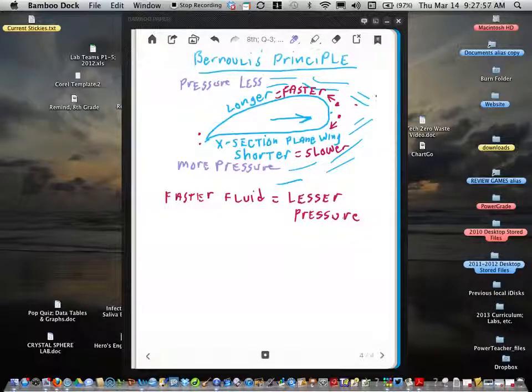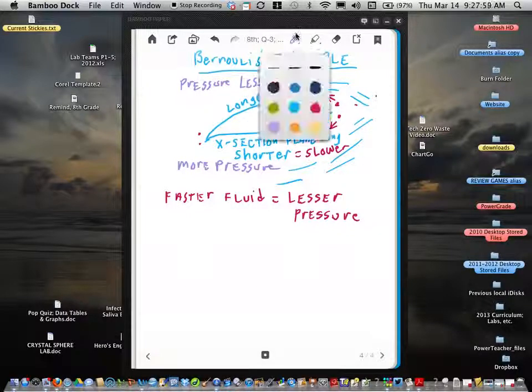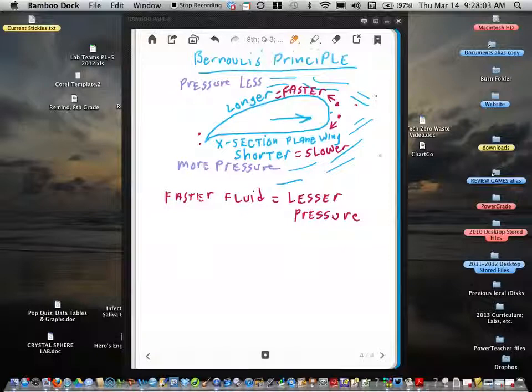So if I were to draw a vector now that represented those forces, the vector coming from the bottom would be greater than the vector from the top.